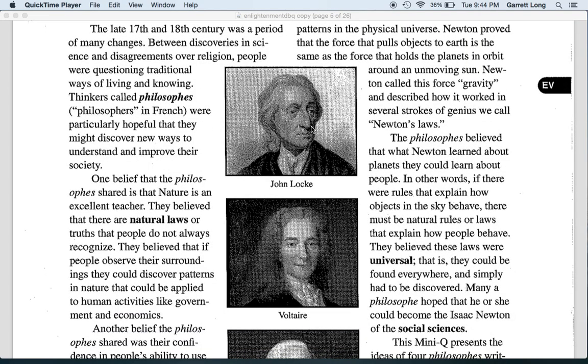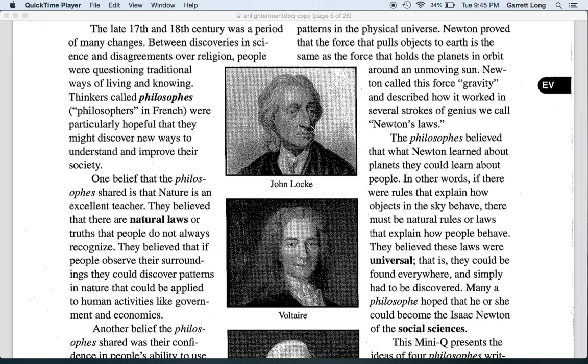One belief that the philosophes shared is that nature is an excellent teacher. They believed that there were natural laws or truths that people do not always recognize. Please highlight nature is an excellent teacher. And then in the margin to the left, I want you to write down, people can learn from their surroundings.